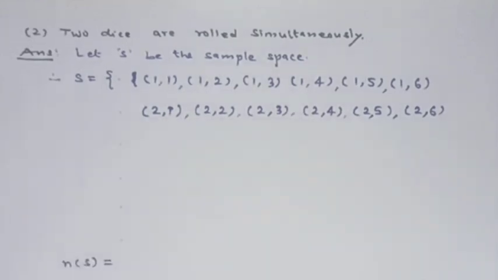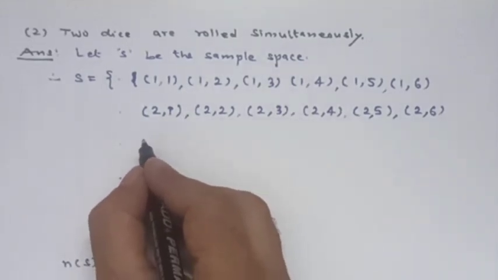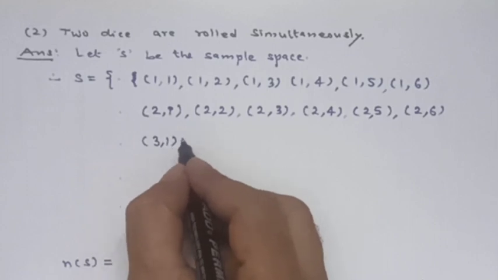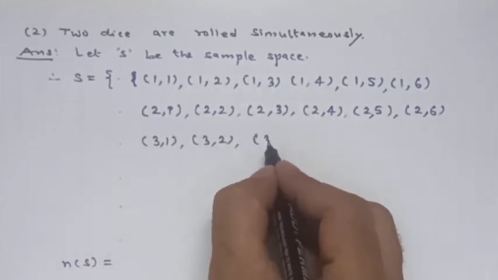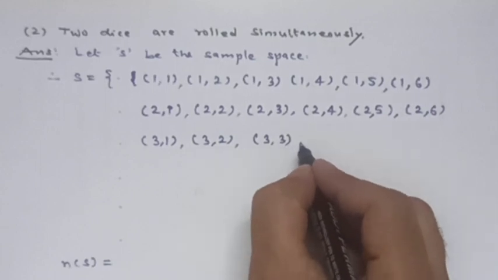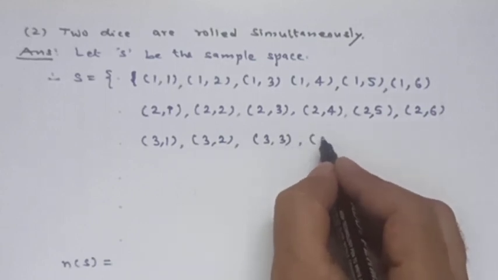Please write clearly, and you can go very fast also. Same way (3,1), (3,2). I'm writing all the possibilities so that I can explain to you for the events when it is required.